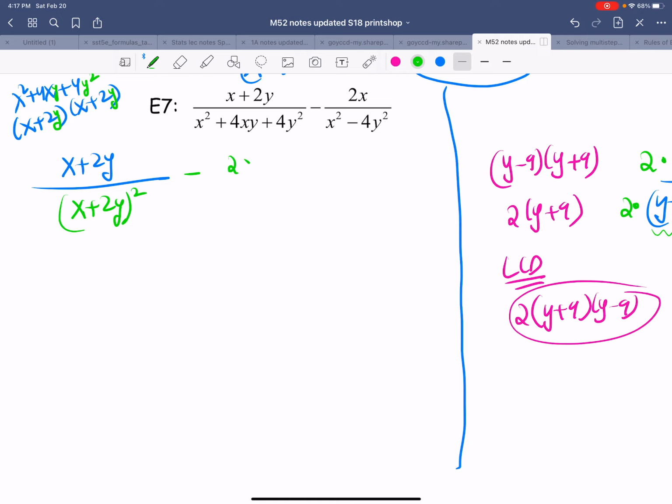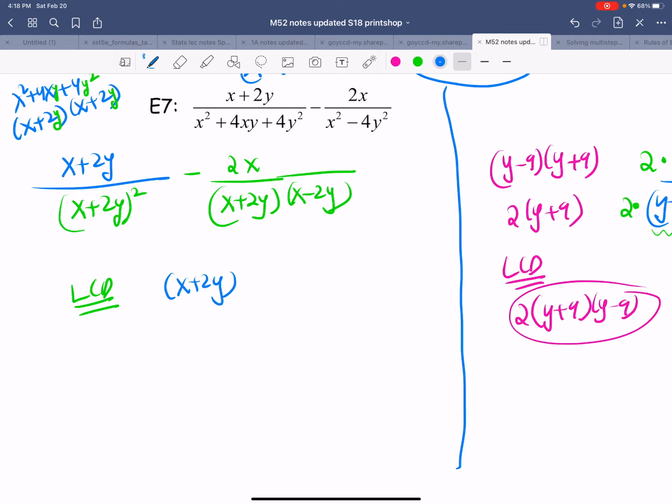And x squared minus 4y squared is x plus 2y times x minus 2y. Now pause for a minute and think about what is going to be the LCD in this case. Remember, LCD is each unique factor written with the highest exponent. So it would be x plus 2y squared times x minus 2y. I'm going to write it as a single fraction now.